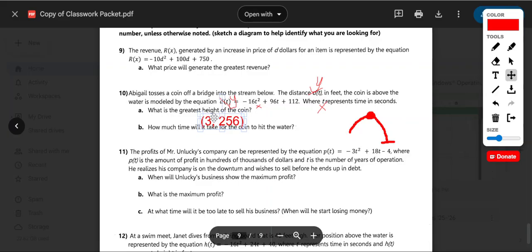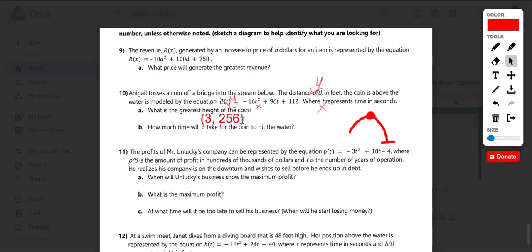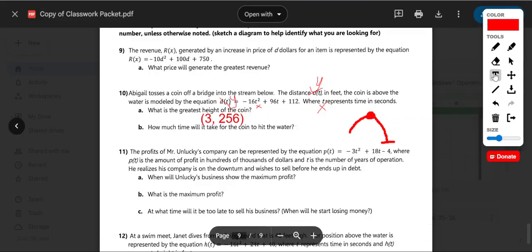So this means that at 3 seconds, it was at its highest point of 256, and our greatest height is going to be 256, right? So of the two that we need here, we need up and down, or our height of 256. Okay, so 256 is the one that we need.